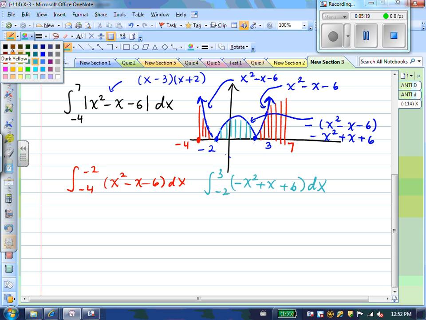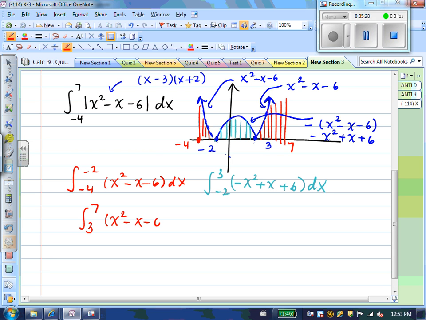And then the last region is going to be the integral from 3 to 7 of the regular graph, not flipped over. Once you do that, you can just calculate it by adding them up, and you'll get some sort of answer. So for absolute value, it's very valuable to look at it graphically.